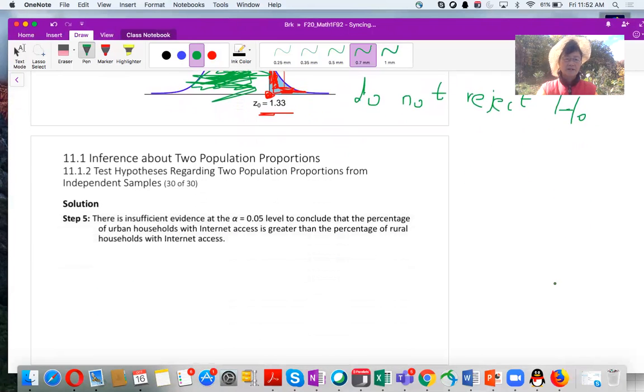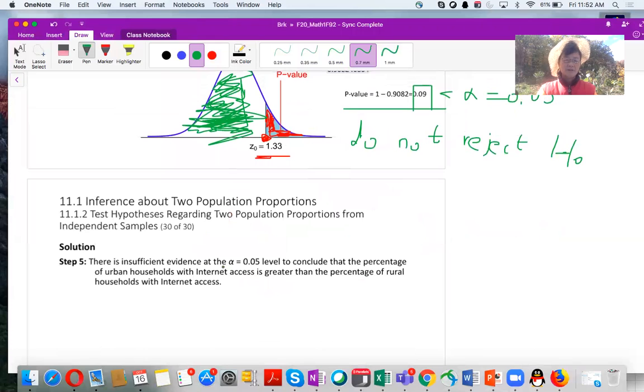So last step, we conclude. Remember, when we do the conclusion, you use a double negative: do not reject means insufficient evidence to conclude that one percentage is greater than another percentage, meaning those two percentages are the same.